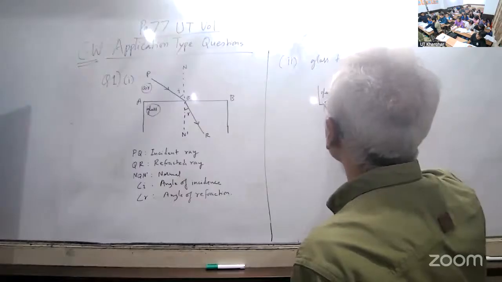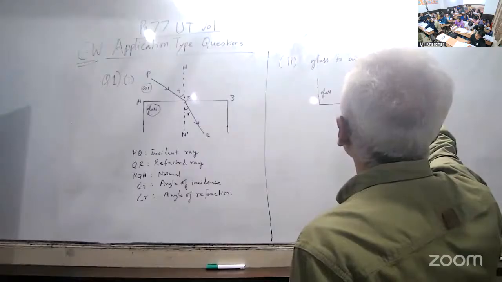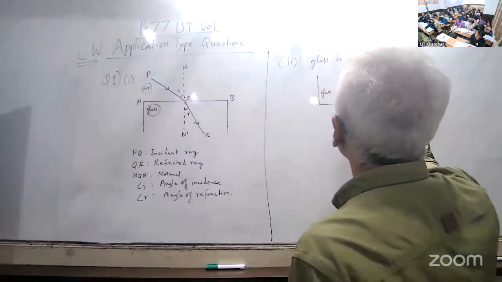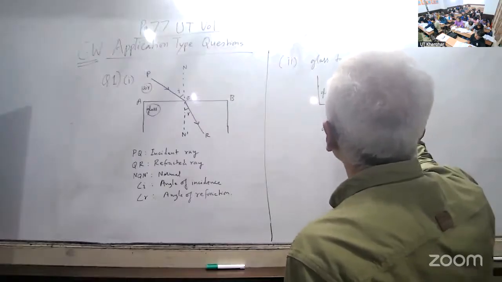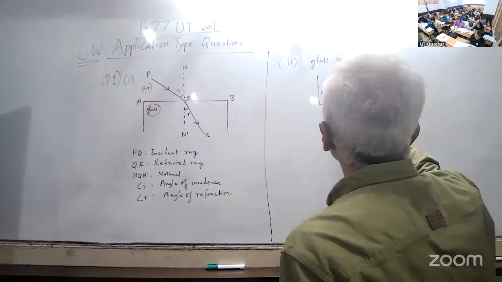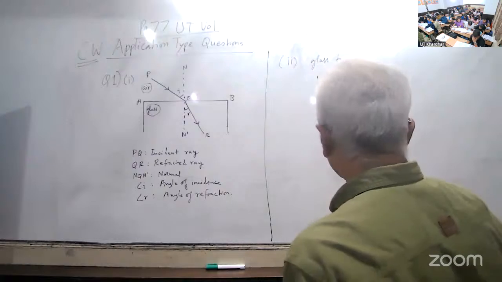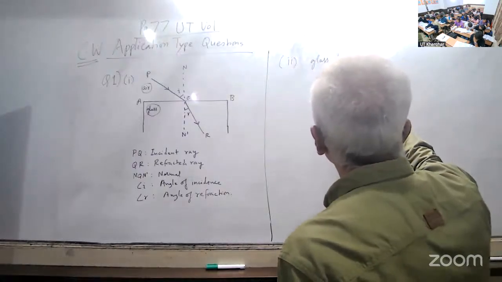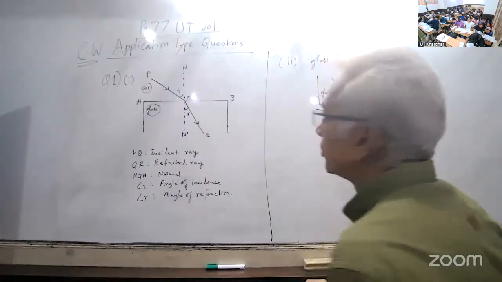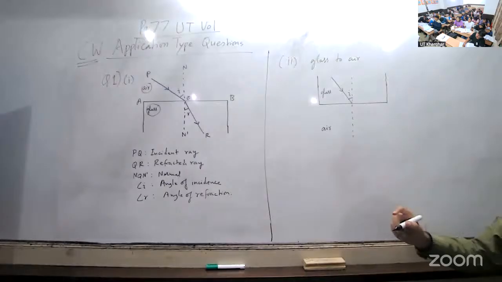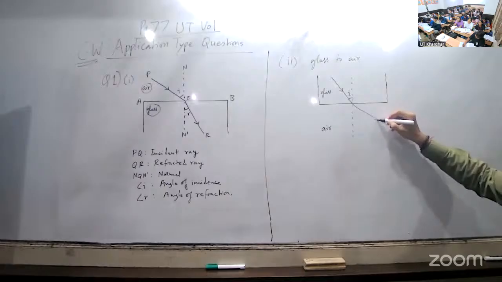Let's say this is glass. This is air. What should happen when it goes from glass to air? Away.